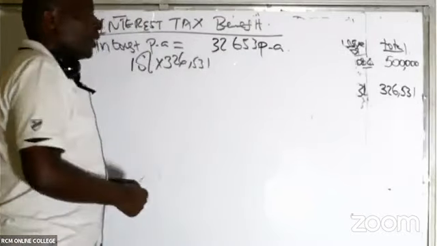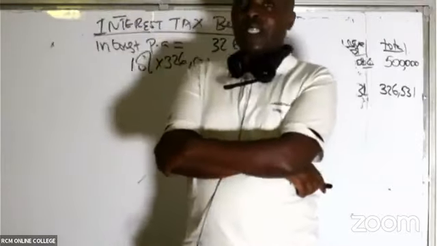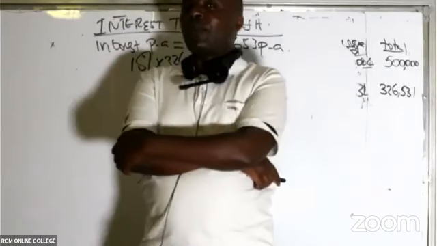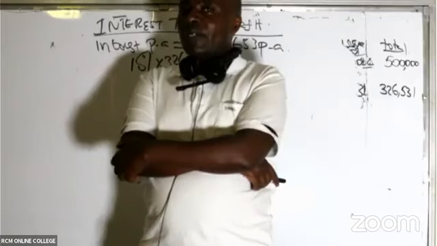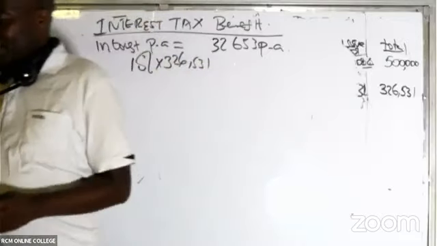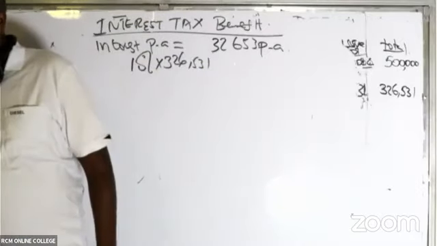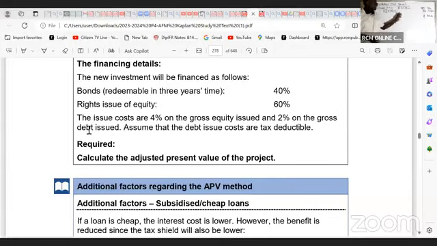This is per annum. Now, at this stage, before I do any discounting here, I need to ask myself, am I going to do a loan amortization schedule in this question? Remember, we only do a loan amortization schedule whenever you are told that the total loan taken is going to be paid in 3 equal installments.